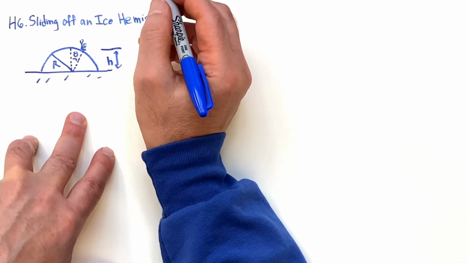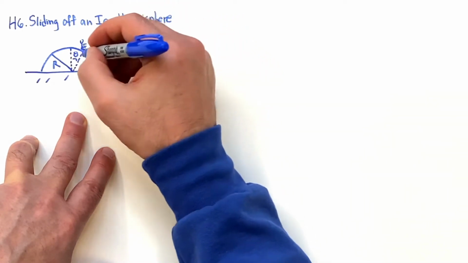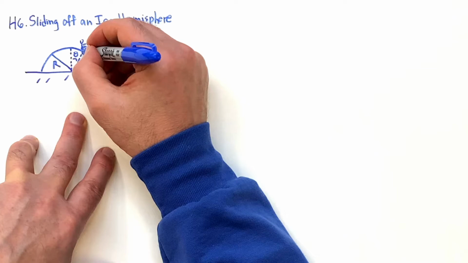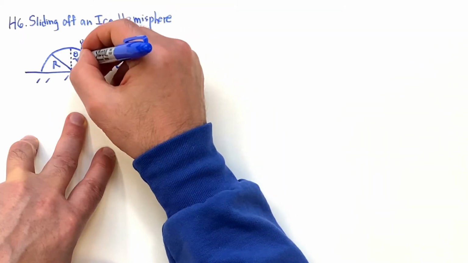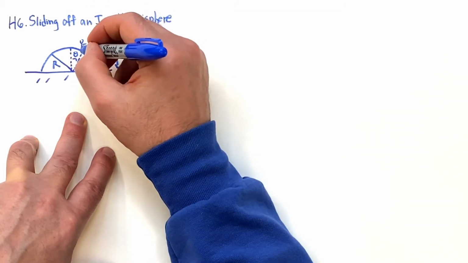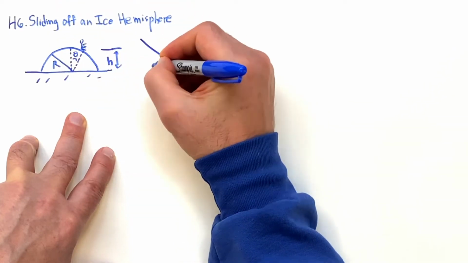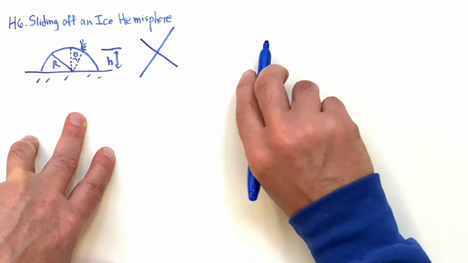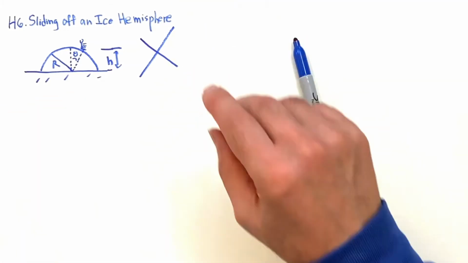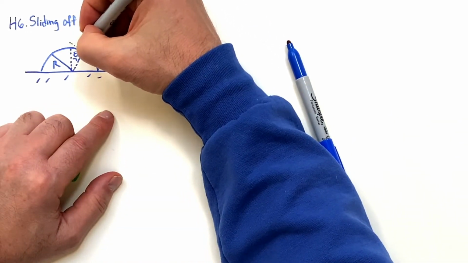So what we will do here is look at the key idea of when you leave the ice. There's no normal force. You're not feeling the ice press on your body. So if I were to make a nice little force diagram here, the force diagram I'm giving you here is going to be for this point right there.